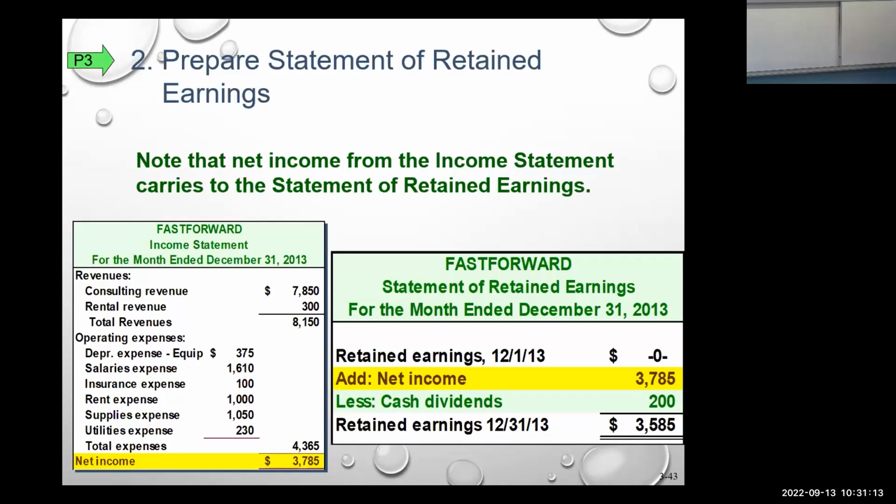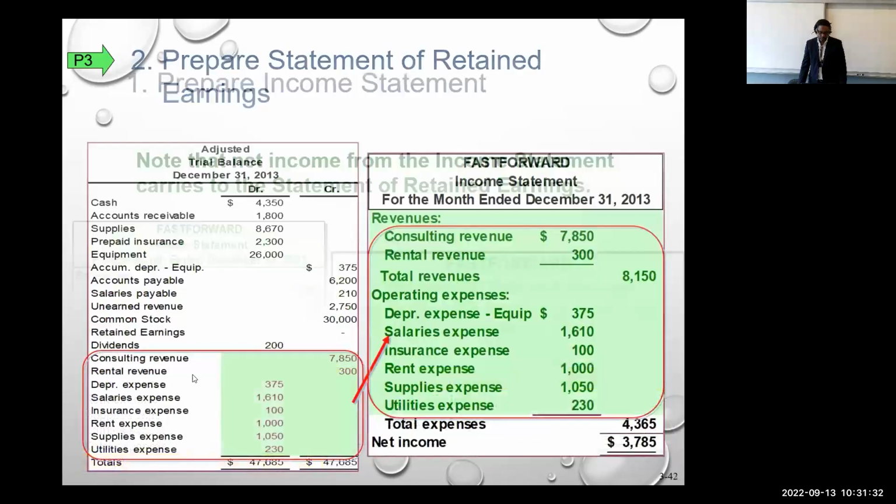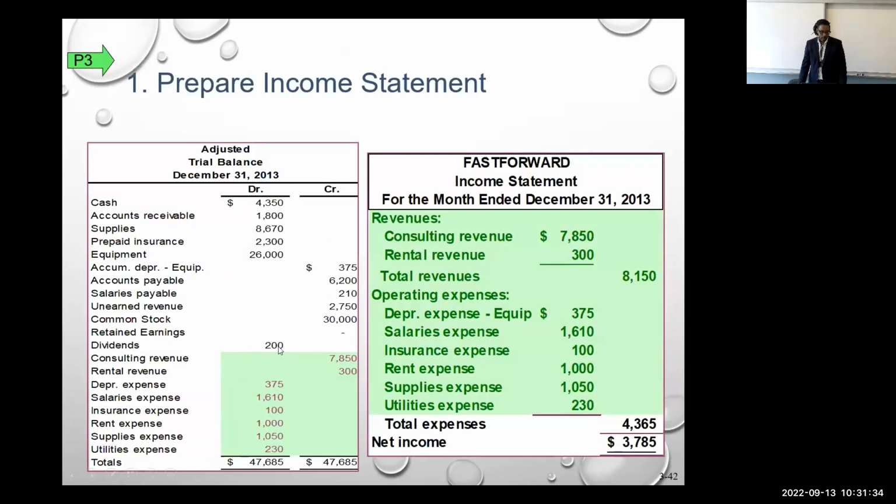Where do we get the dividends from? Anybody remember? Where'd you get this $200 dividend? Yep, it's right there in the adjusted trial balance. You see that? $200. That's all we did.